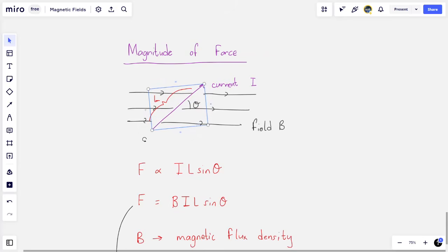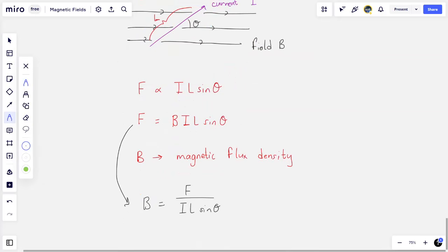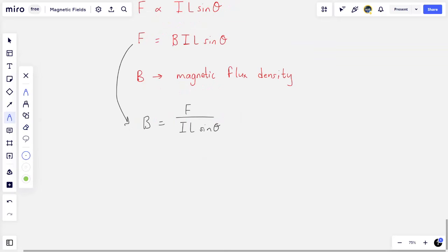If I want the force to be a maximum, sine theta must be 1, which means theta must be 90 degrees. And so when theta is 90 degrees, when the current and field are perpendicular, then the force simply becomes F is equal to BIL. So the sine theta will disappear if theta is 90 degrees.